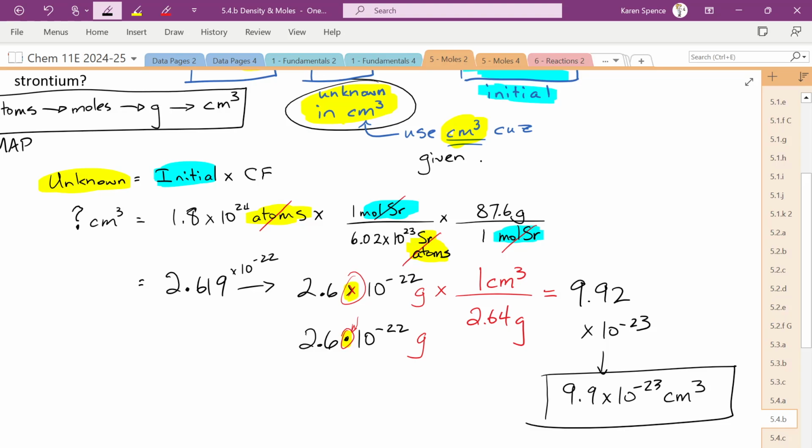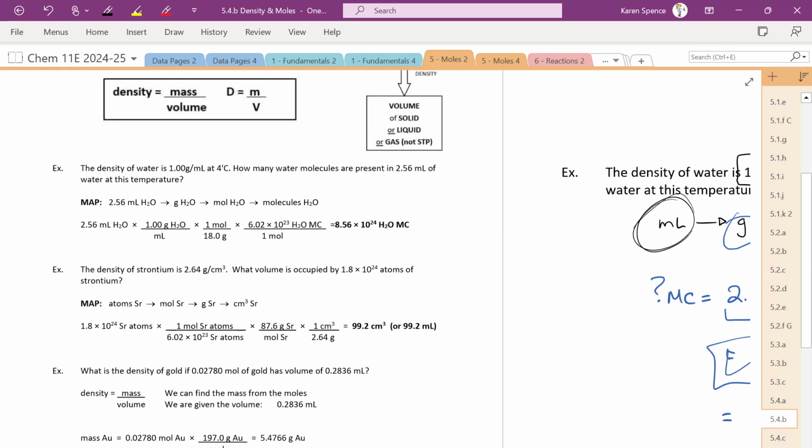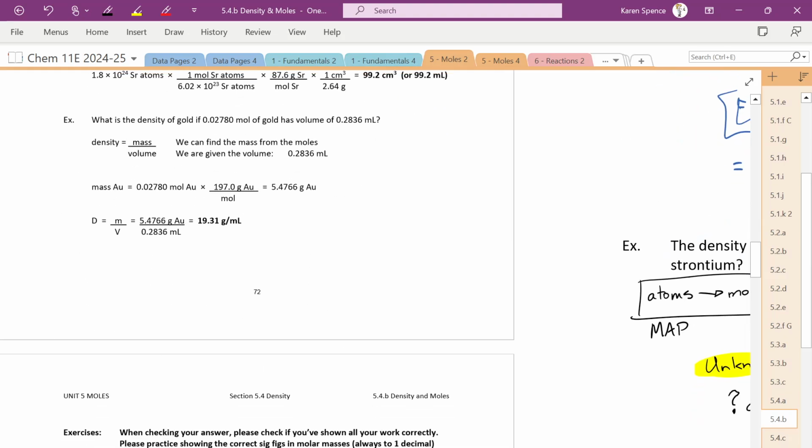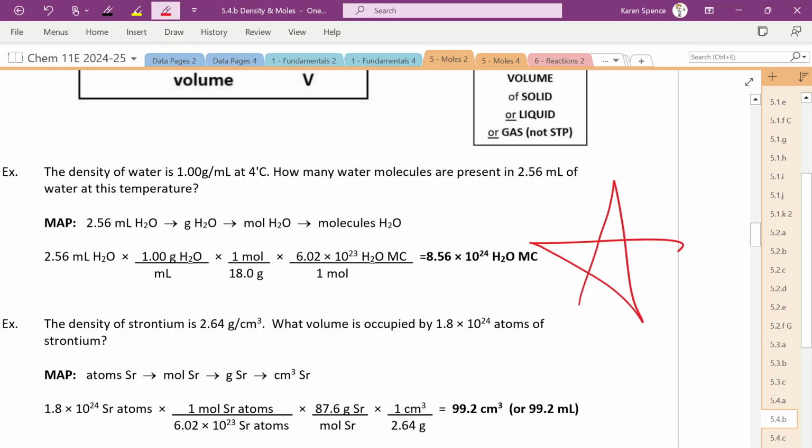Oh, that's very likely. This was supposed to be 22. Okay, so that's the example on page 72. Let me actually put it on here, this is better, because I go through this later and I look for my big stars, so I fix things. And this is supposed to be 260.